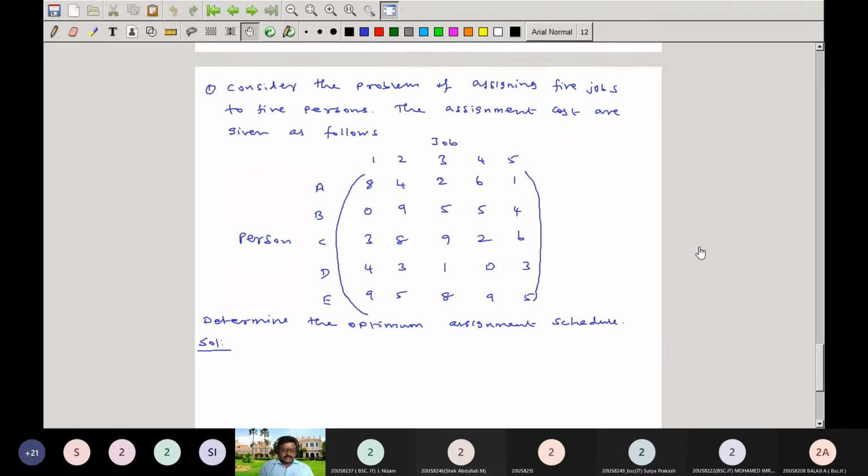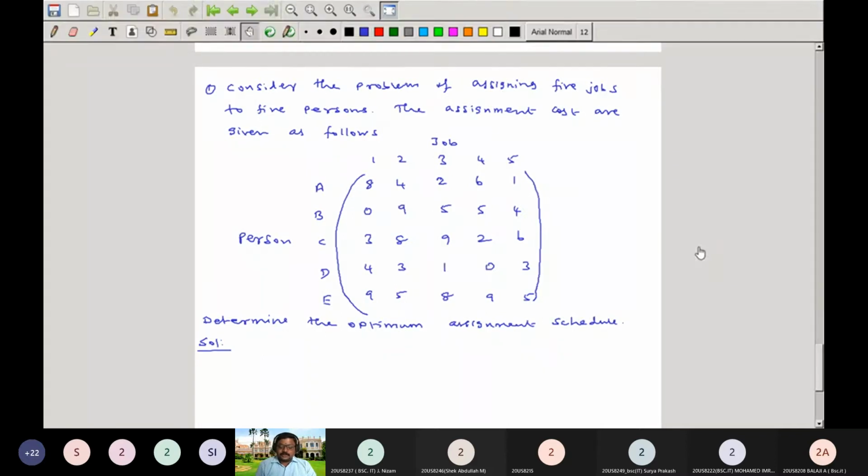Subtract this smallest cost element from all uncovered elements and add it to all those elements lying at the intersection of these straight lines, and do not change the remaining elements which lie on the straight lines. Step 7: repeat steps 1 to 6 until an optimum assignment is attained.